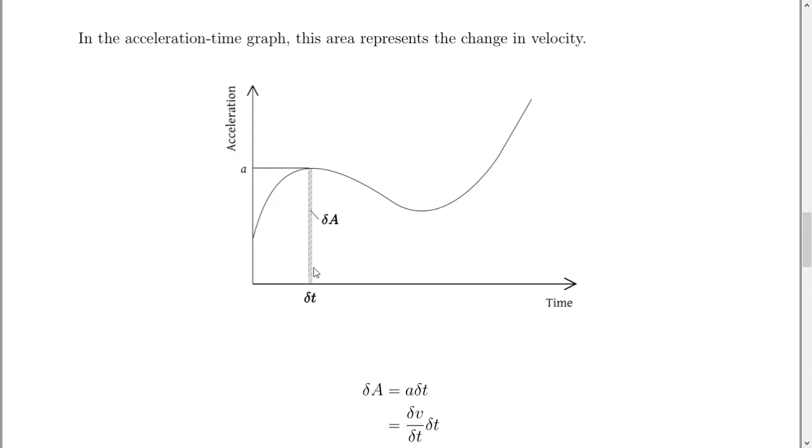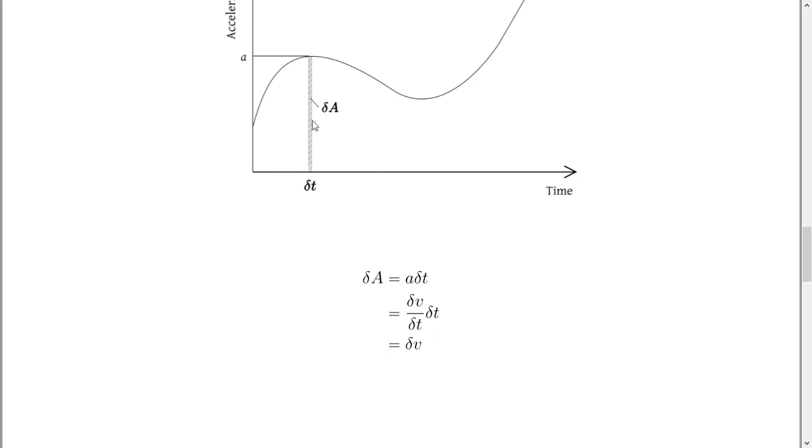So the area of this rectangle would be delta t times a, right? So delta A, which is the area of this small rectangle, equals a times delta t. But a is the rate of change of velocity, which is delta v by delta t, and so the area of this rectangle is basically delta v, the change in velocity.